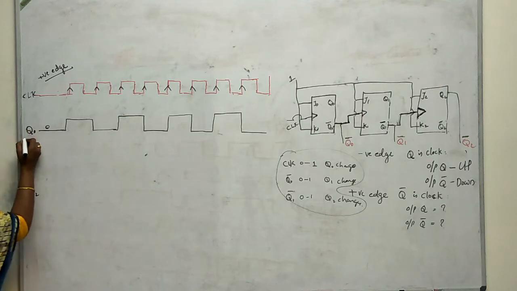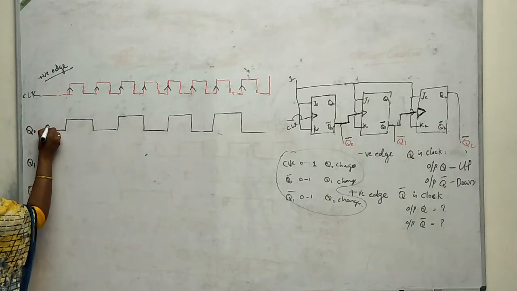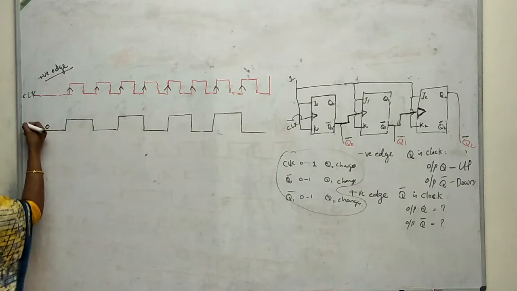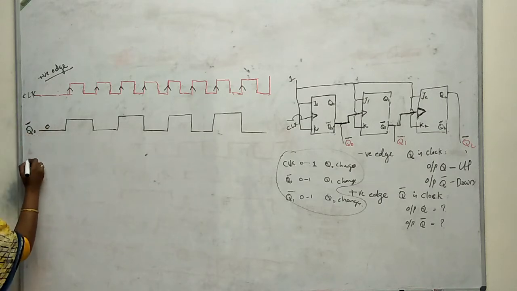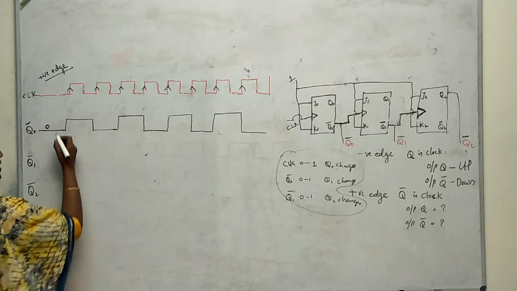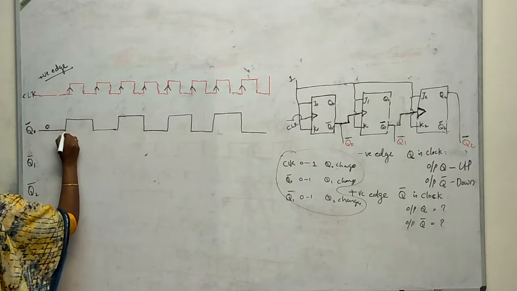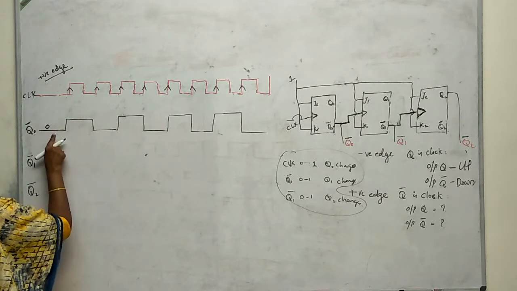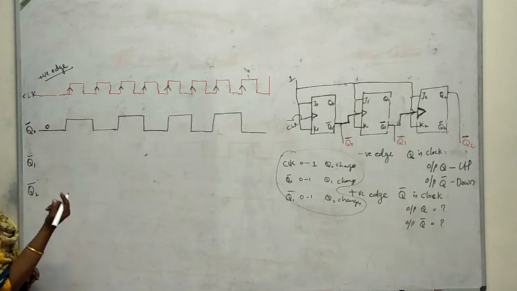Now, this is Q0 bar. Assume that Q0 bar is 0 initially. This is Q1 bar and this is Q2 bar. Now what happens in the next case? Whenever there is a 0 to 1 in Q0 bar, Q1 will change.